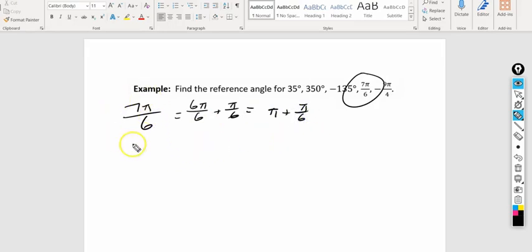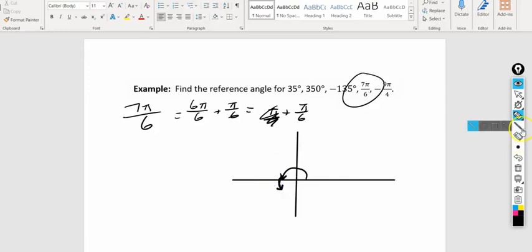So, if I want to see where this lives, I'm going to go pi radians, and then a further pi over 6 radians. So just a little bit more. This is what the angle 7 pi over 6 looks like.